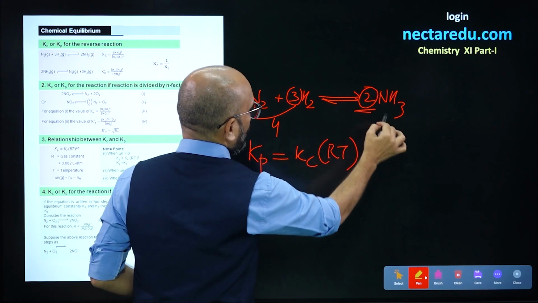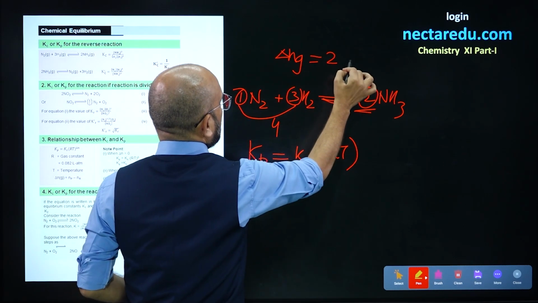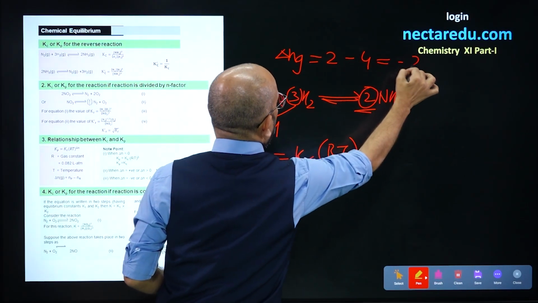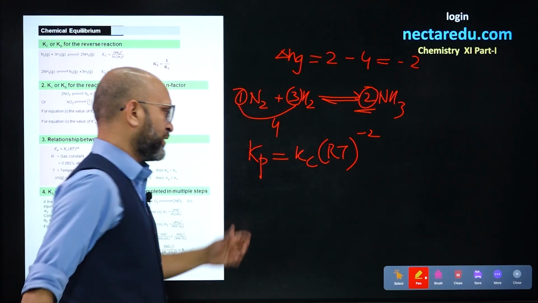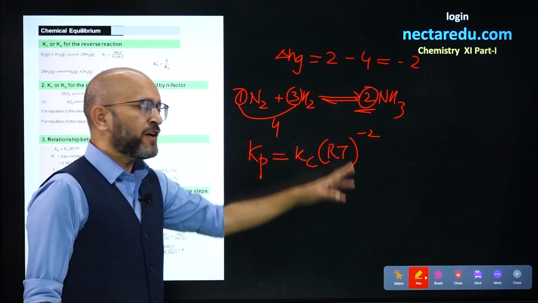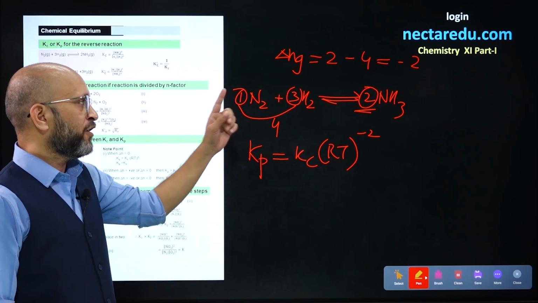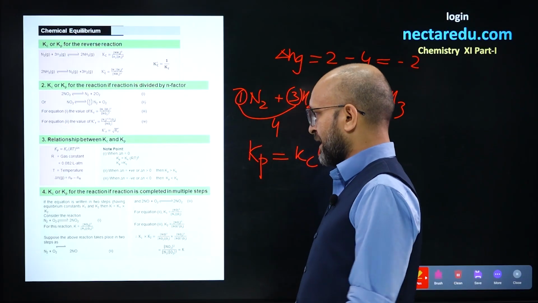So delta Ng is 2 minus 4, that comes out to be minus 2. So the relation is Kp equals Kc RT to the power minus 2, that is the value of delta Ng. So we have got the relation between Kp and Kc.